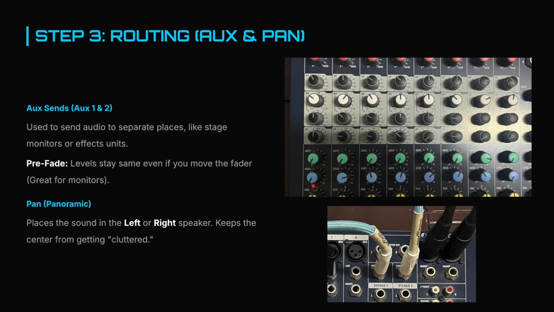And the aux 2 is mainly for the singer, right? So for aux 2, quite a bit of sound goes to aux 2 because the singer wanted different sounds. The singer wanted the piano sound and her voice, and the guitar sound. So let's say for example this is the guitar line, and that's the piano line, and this is her voice line.